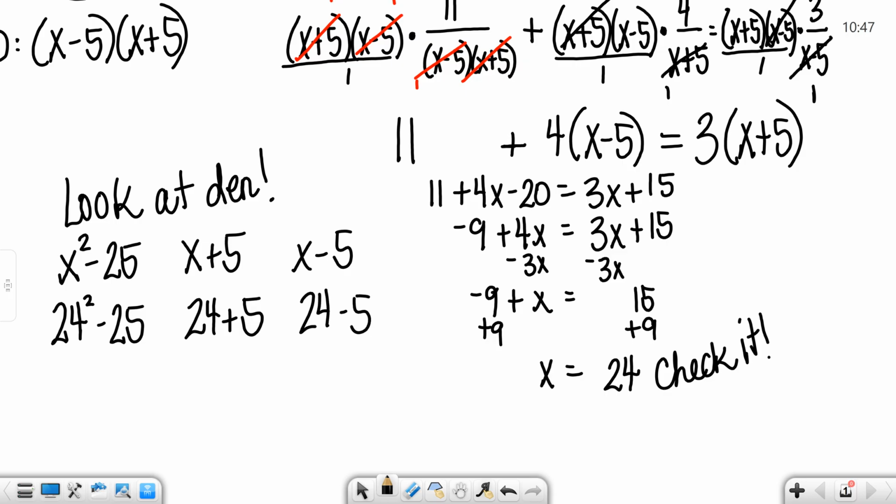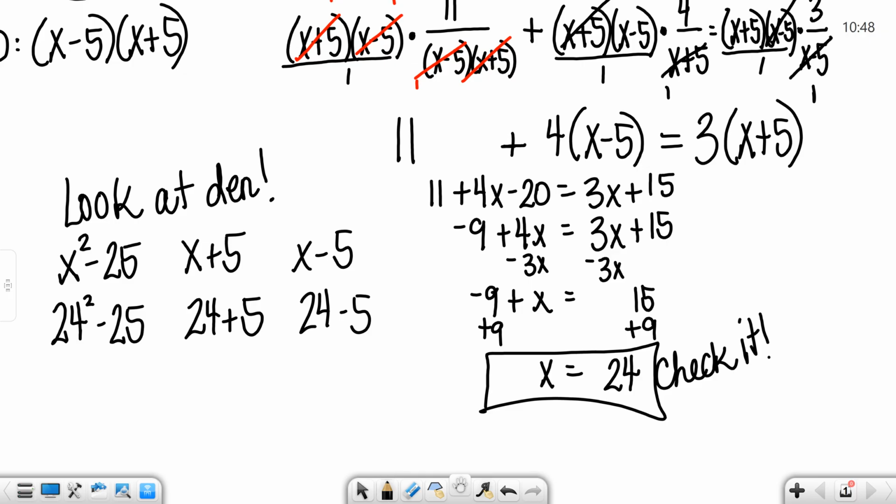Now, you can go through the trouble of doing it, but you are not going to get 0 for any of those. So it does work. X is 24. All right, if you do the math there, 24 squared, some big number, minus 25 is not 0. 24 plus 5 is 29. 24 minus 5 is 19. Okay, so we didn't get 0. So that means it is okay to say 24 is my correct answer.